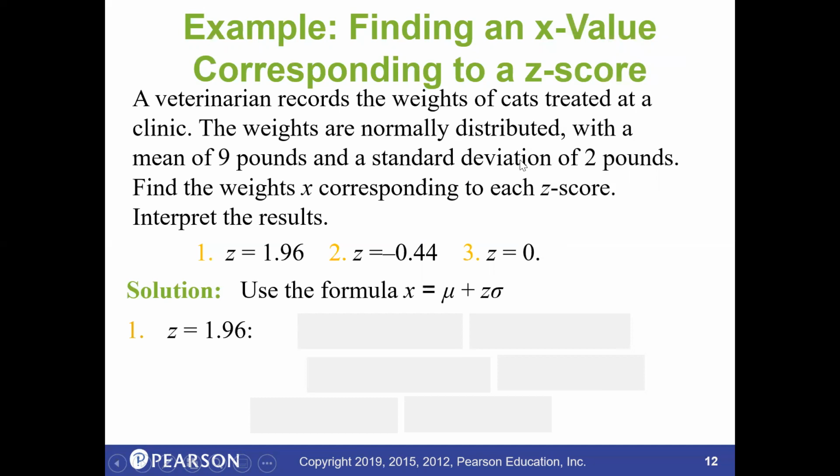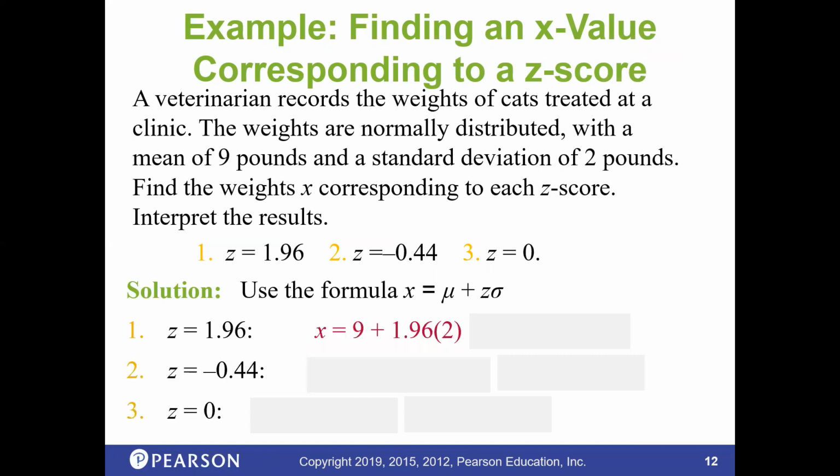The weights are normally distributed, the average cat weight is 9 pounds, and the standard deviation is 2 pounds. So a z-score of 1.96 gives you a cat weight of what?